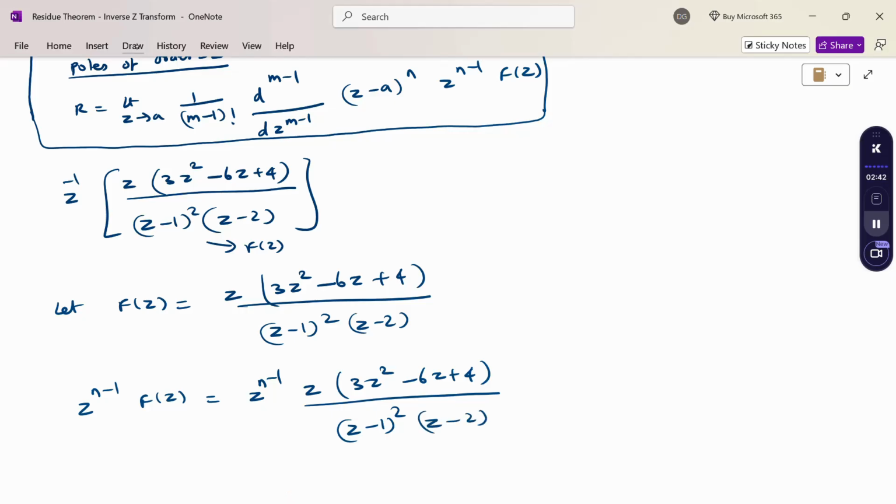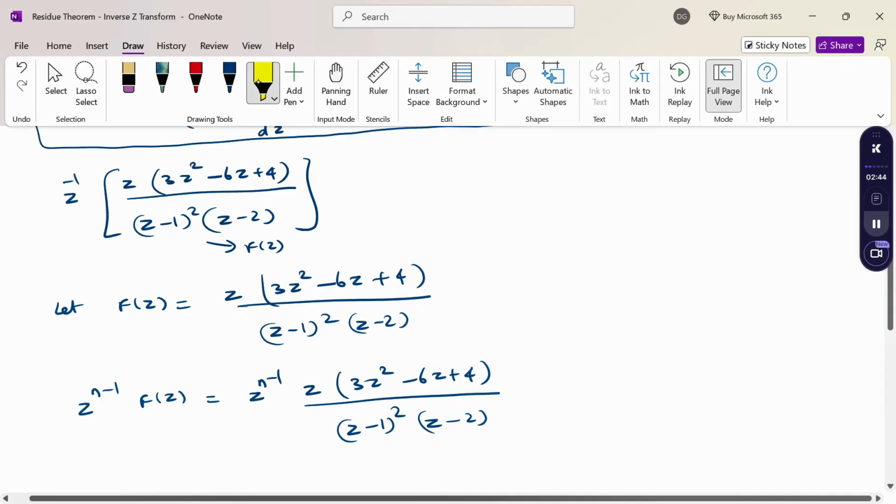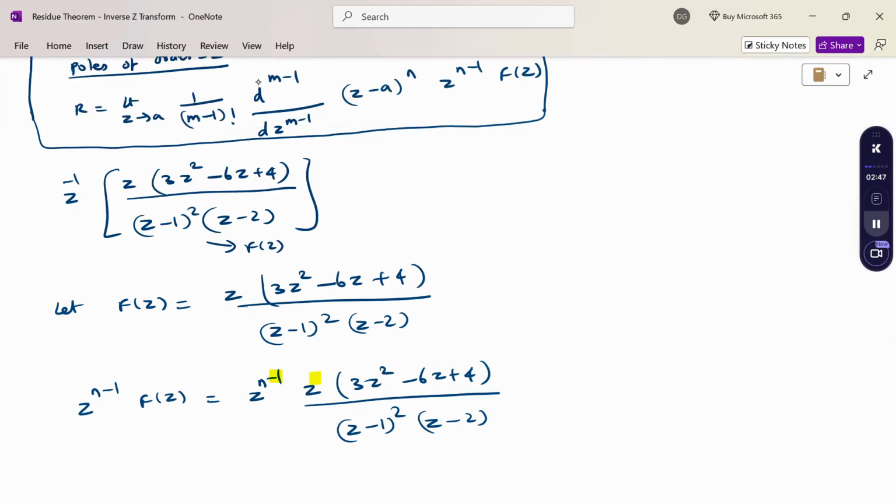Now look at this power. What is the value of the power? This power is minus 1, this power is 1.